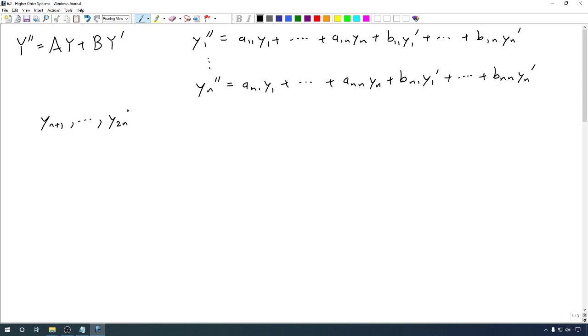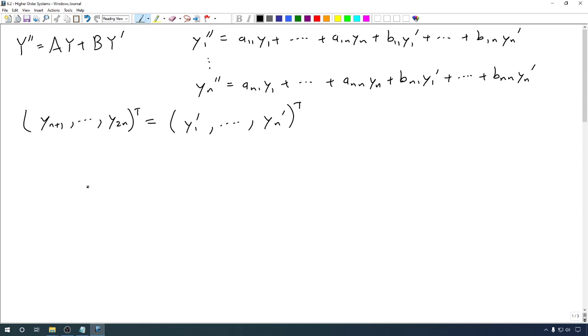In fact, these functions are going to be the derivatives of the ones we already have. So yn plus 1 is going to be the derivative of y1. y2n is going to be the derivative of yn, and then all the ones in between are the derivatives of everything between y1 and yn.